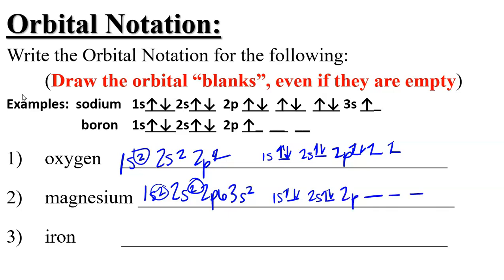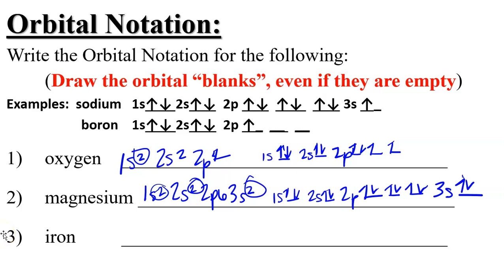Remember, p has 3 orbitals. So we fill this out. 1, 2, 3, 4, 5, 6. And then 3s is 1 level, and his is filled out with 2 electrons.